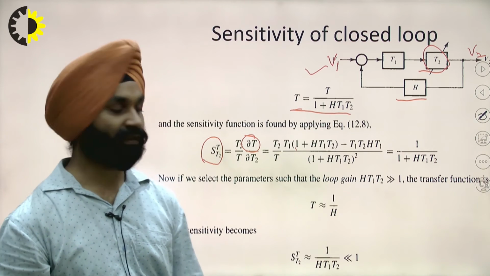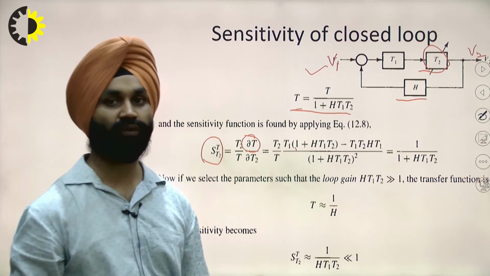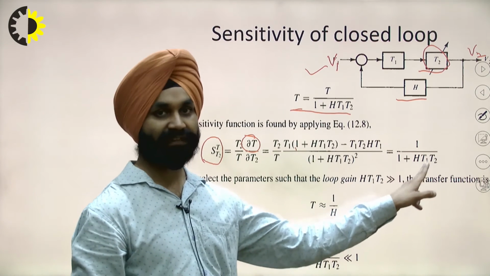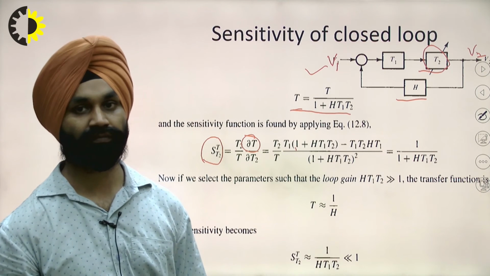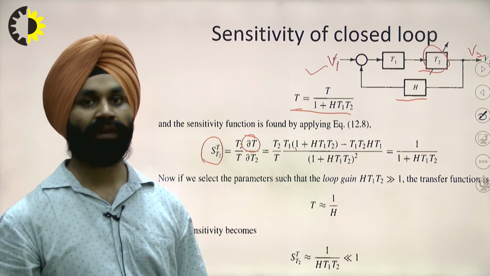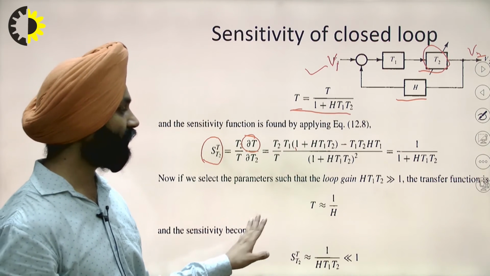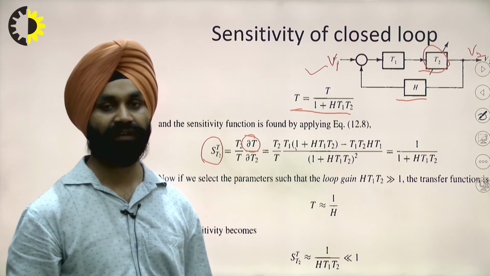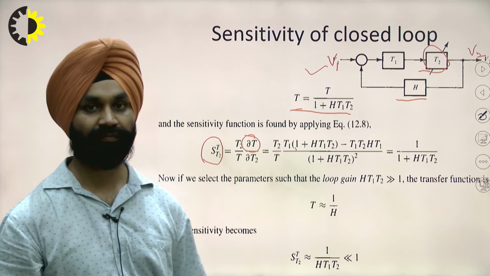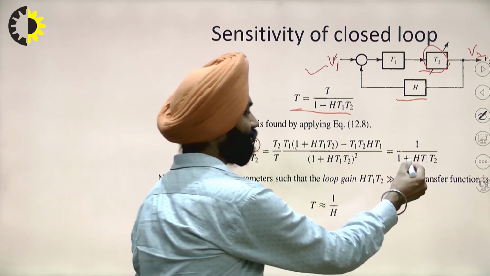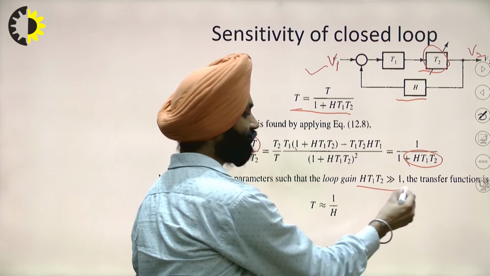So the sensitivity here is not equal to 1, but it is 1 upon 1 plus HT1 T2. Now if we see here, suppose we have a transfer function such that the loop gain is high, then we can have this value much larger than 1.